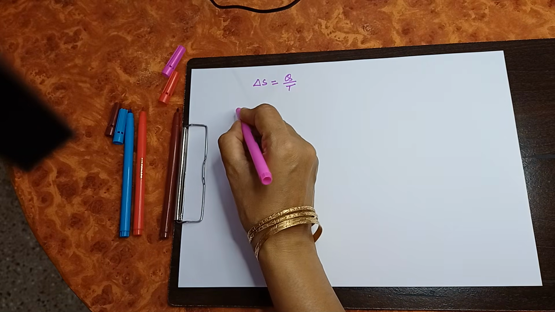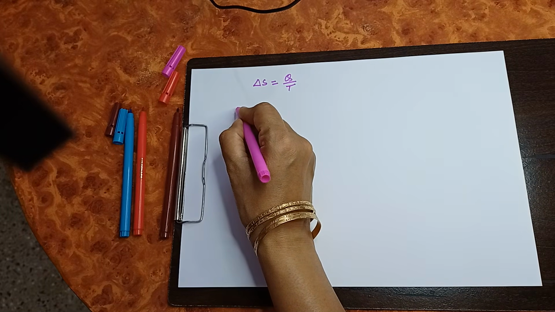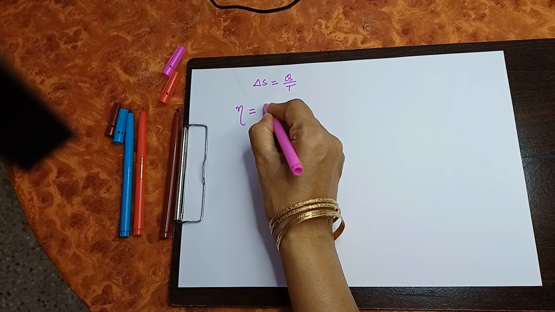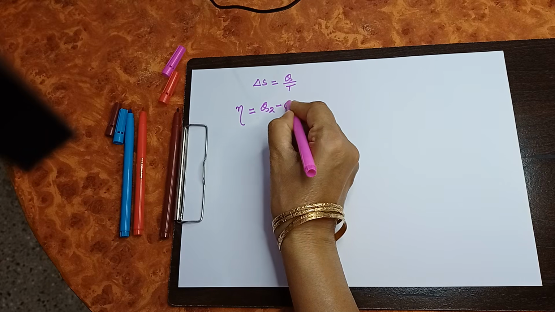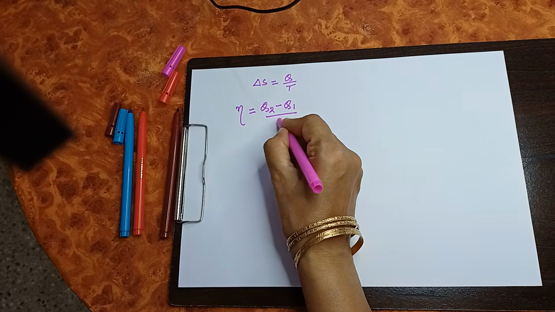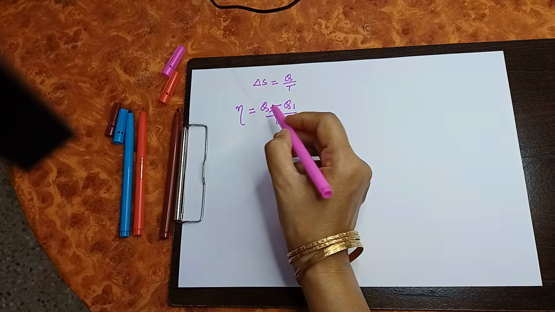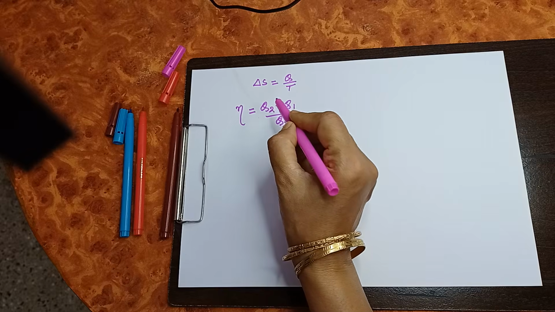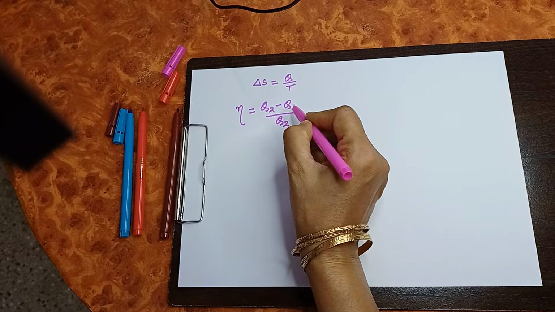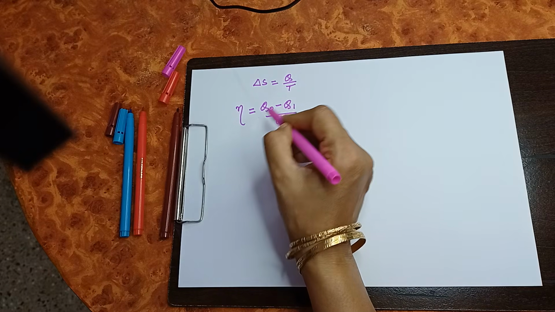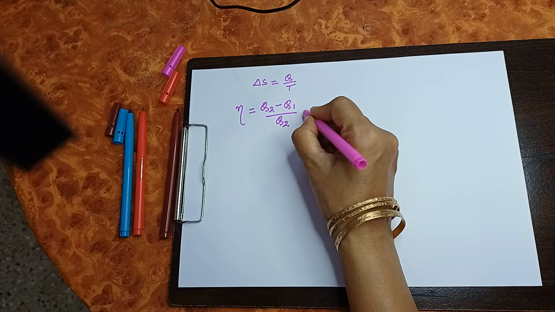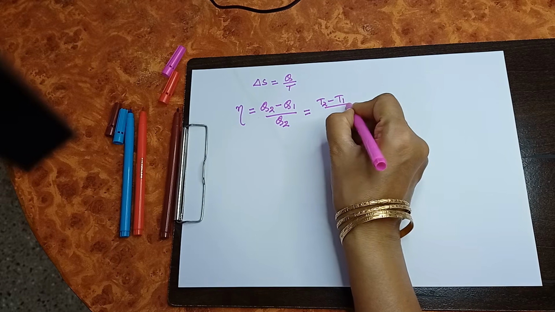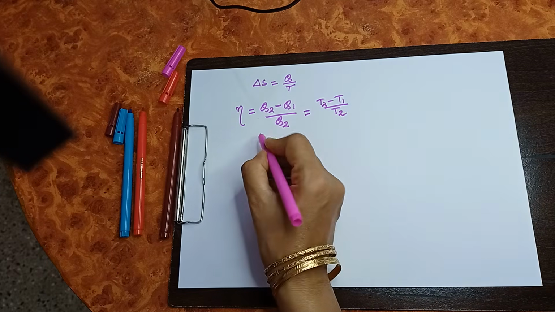Let me recapitulate a little bit. We have seen that the efficiency of the Carnot engine is equal to Q2 minus Q1 divided by Q2, where Q2 is the heat absorbed by the engine from the high temperature source and Q1 is the heat released to the low temperature sink. Eta is also equal to T2 minus T1 by T2. Already I have discussed all these things.